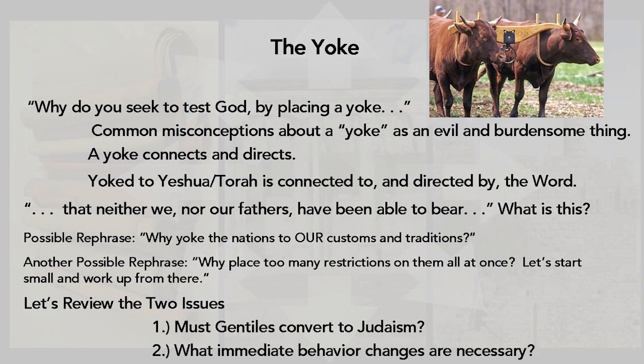That's one way of stating it. Why yoke the nations to our way of doing things? It's one possible interpretation. Another might be, why place too many restrictions on them all at once? Let's start small and work up from there. And I think that it's probably a combination of both.